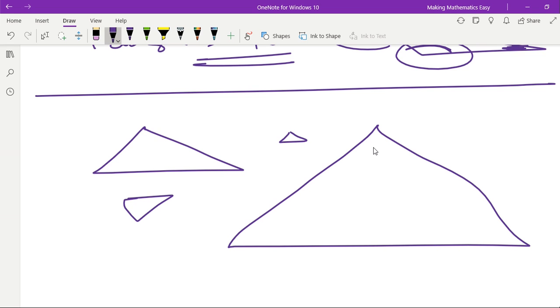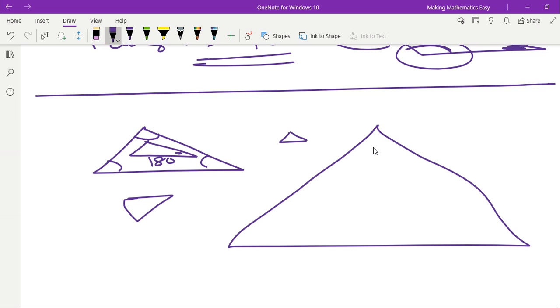So you see I have drawn four triangles. What this property says is, let it be a small triangle, let it be a big triangle, the sum of the measures of all three angles of a triangle is 180. If you add all three angles, it will always be 180 degrees.